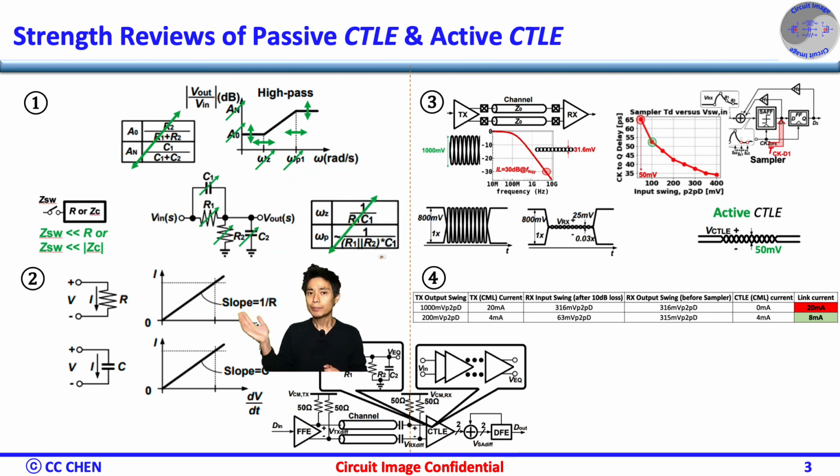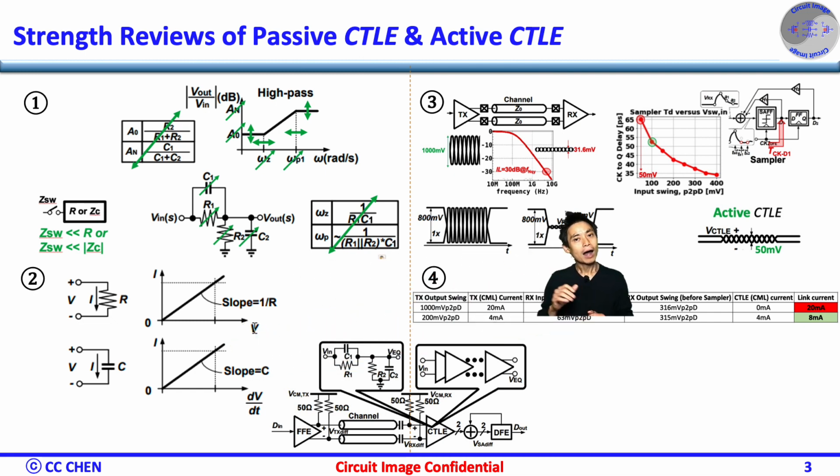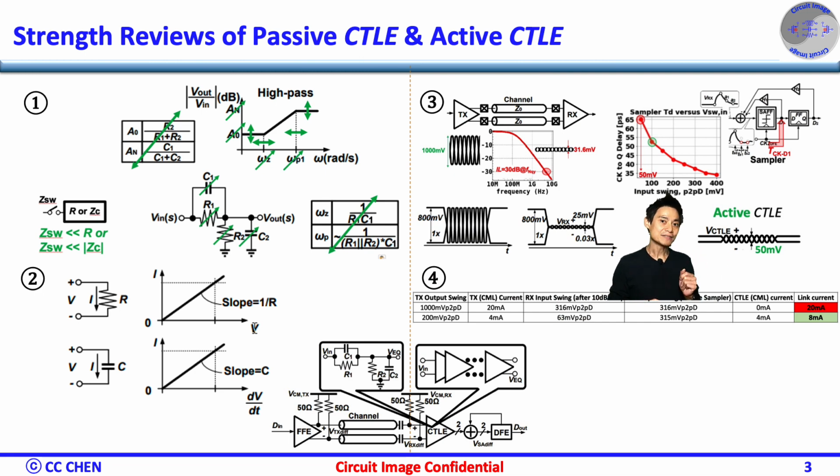In addition, the passive CTLEs will not only have an intrinsic good linearity, but also have a high tolerance of the input swing and impairments of the input common mode voltage. On the other hand, the active CTLE's AC gain will provide a high input sensitivity and great signal-to-noise ratio for the sampler's proper timing at a very high data rate and great noise immunity at a very low bit error target.